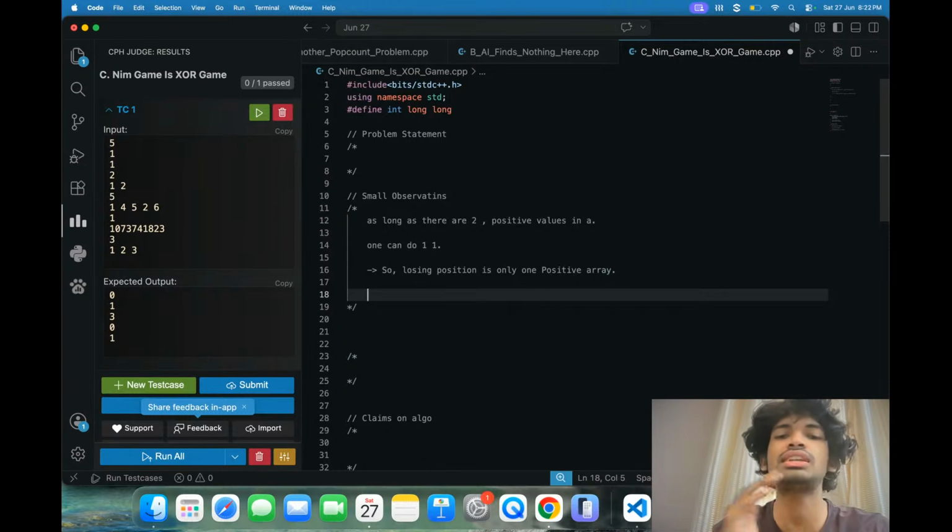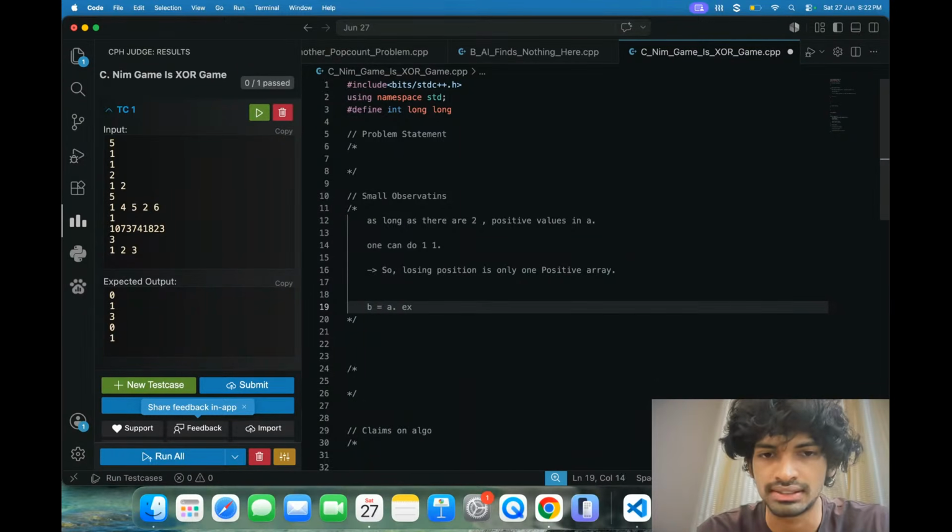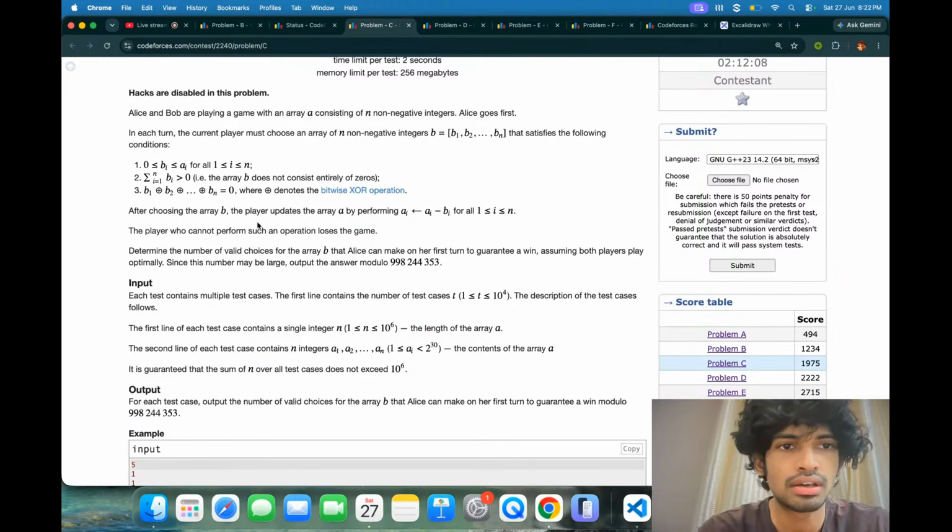So how fast can someone arrive there? Think of this case where B equals A except for max, and the XOR of the remaining is less than max.